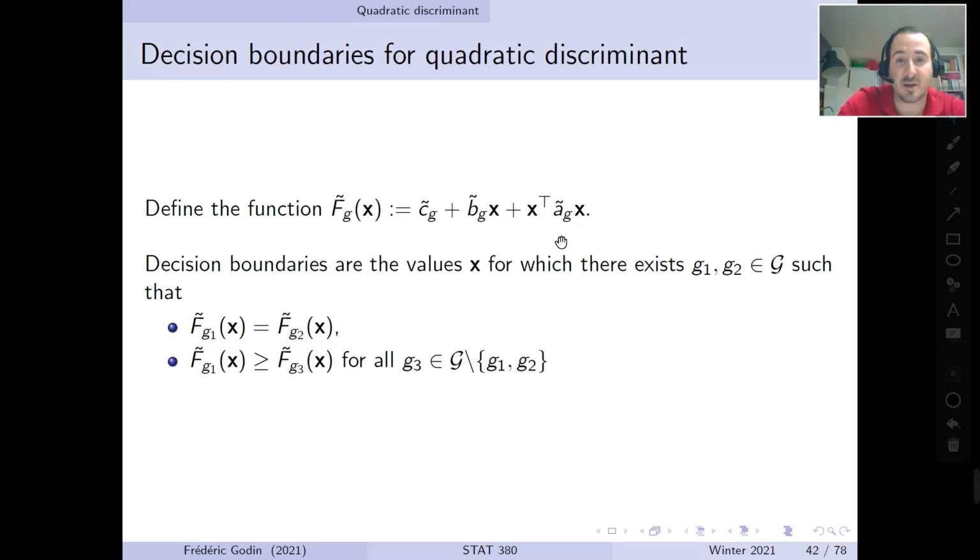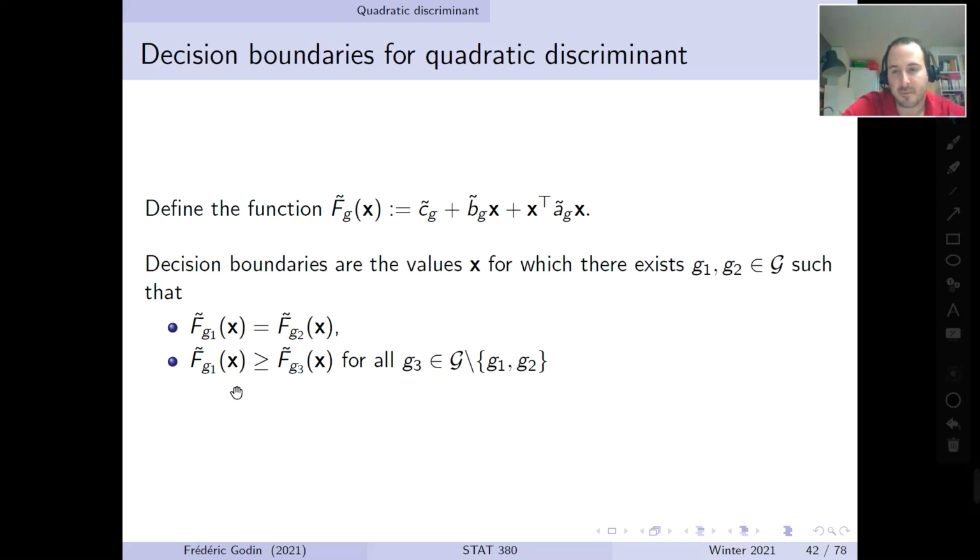As we discussed earlier, the decision boundaries are the values of x for which there exist two classes G1 and G2 such that this function is the same for G1 and G2. So on that boundary, you would be indifferent between classifying as G1 or G2.